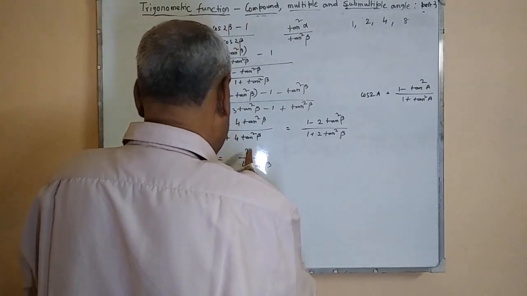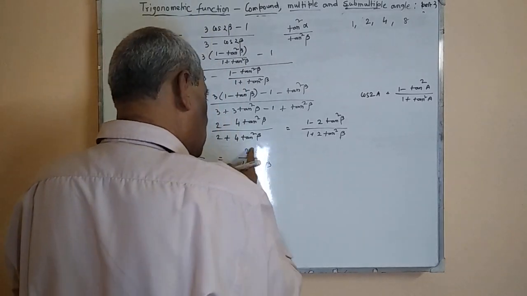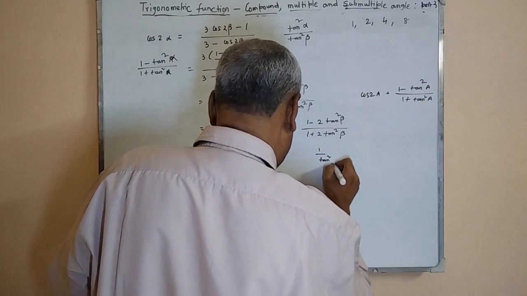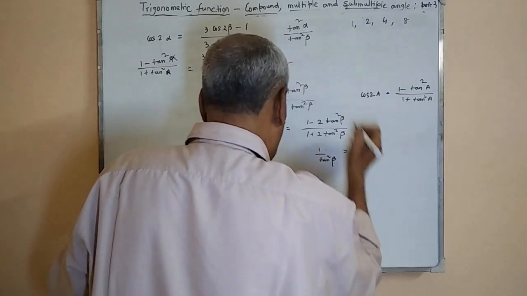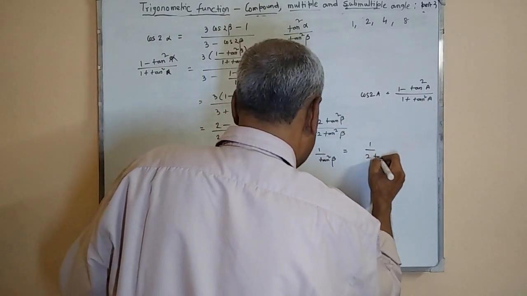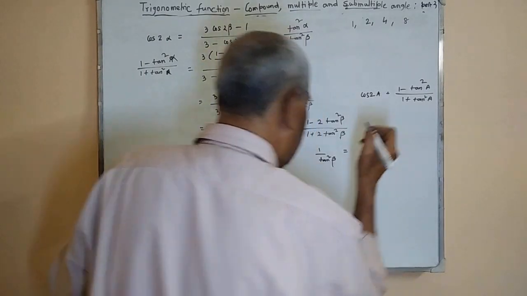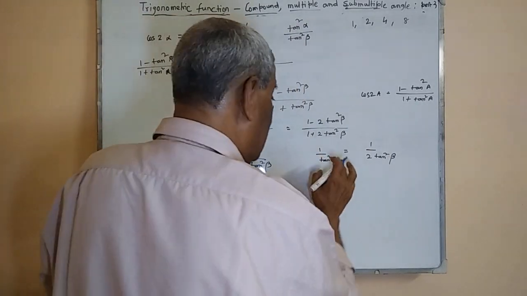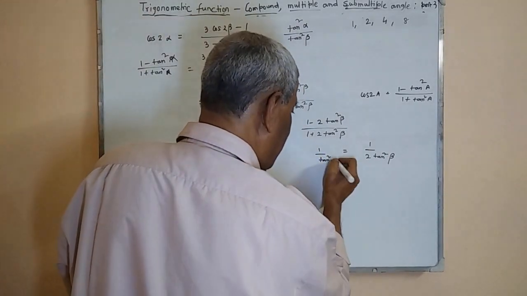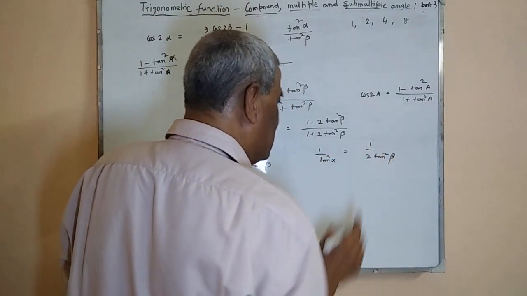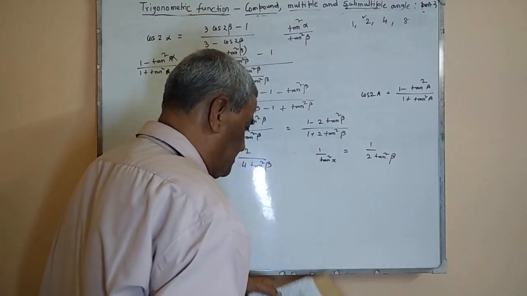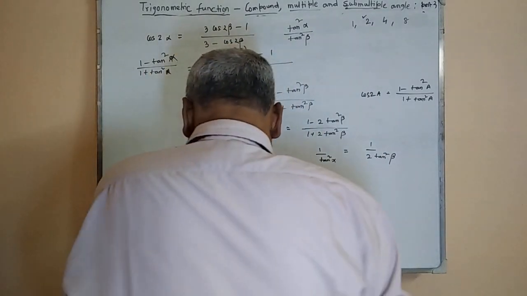So we can cancel 2 from there and 2 from there. That is 1 upon tan square alpha is equal to 1 by 2 tan square beta. So tan square alpha by tan square beta is equal to 2. So this option is correct. Next.